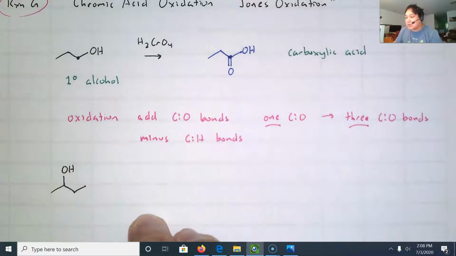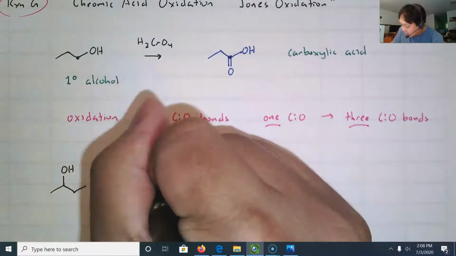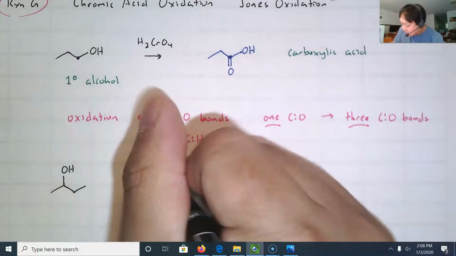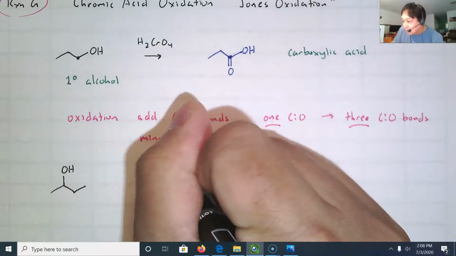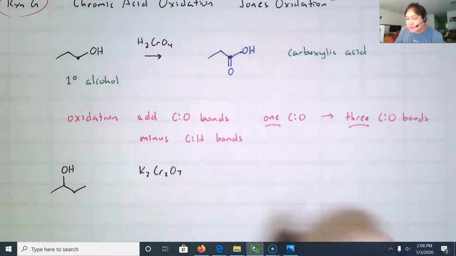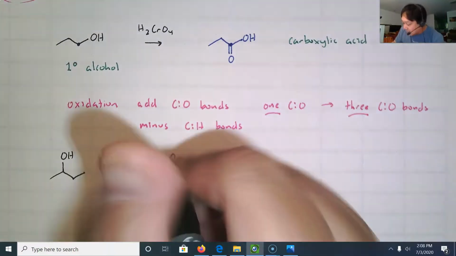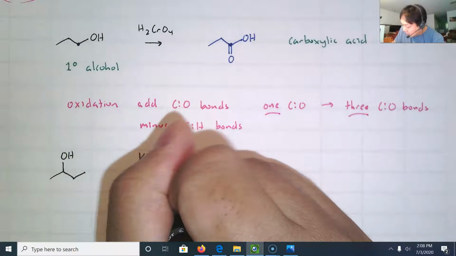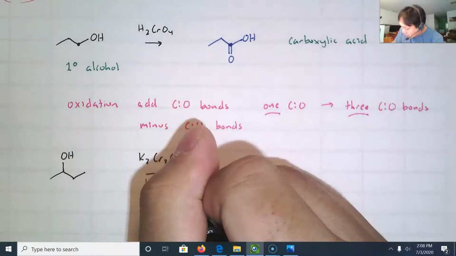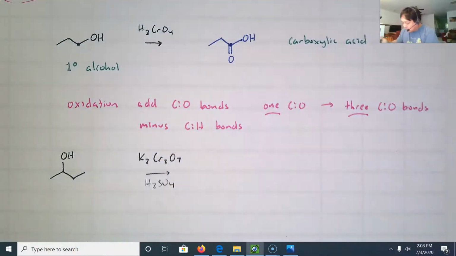Another way you can see Jones oxidation is, and this is what I typically use, K2Cr2O7 in sulfuric acid.